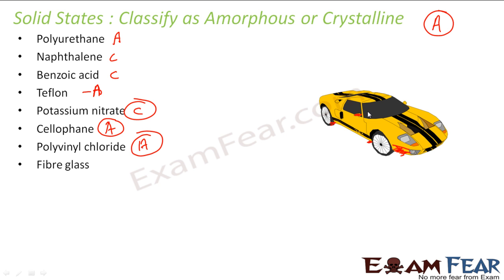I mean, most of them are metal also, but you see a lot of fiber things. The scooty, which girls drive, is made of mostly fiber. These fibers are very hard plastic. Don't think of plastic only. This fiberglass they call, but they are actually very, very hard plastic. You see the helmets and all, they are made of fiber. And they are also amorphous because you can melt it.